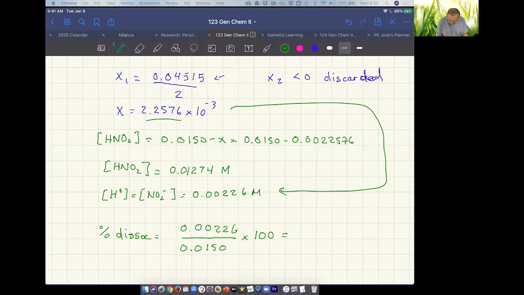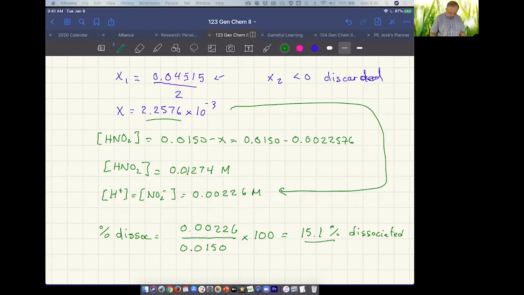So 15.05 will be 15.1% dissociation. Notice here that the percentage of acid that has dissociated is larger for the weaker solution.